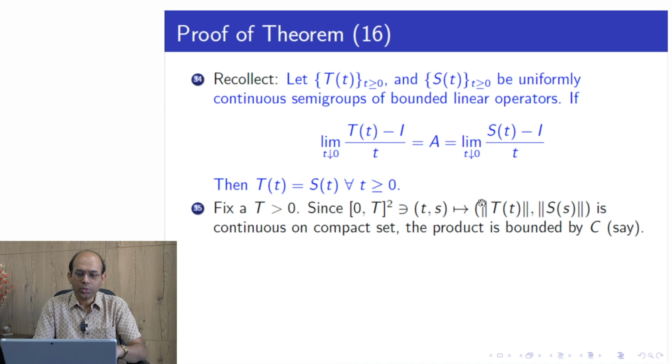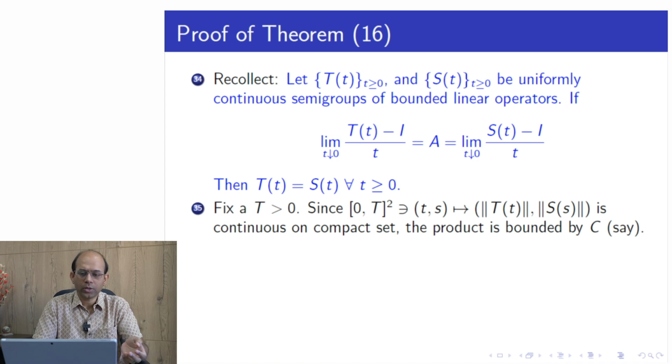So now what do we have? We have a continuous map defined on a compact set. This compact set is [0, T] whole square. A continuous map on a compact set is bounded.